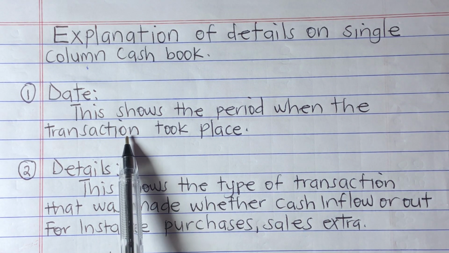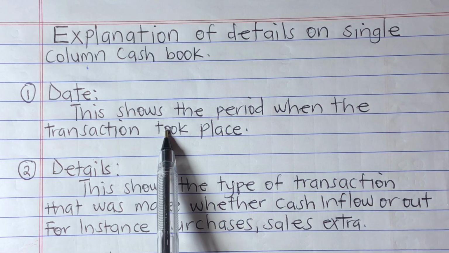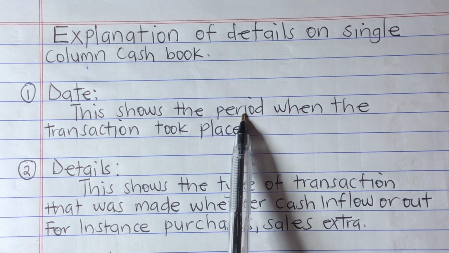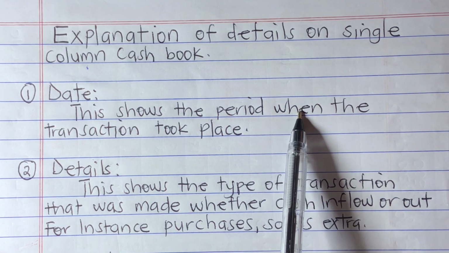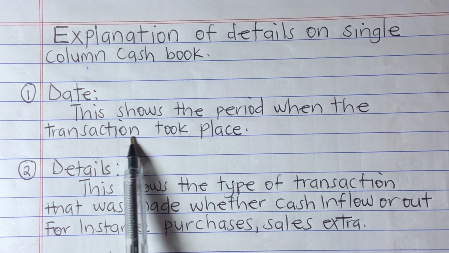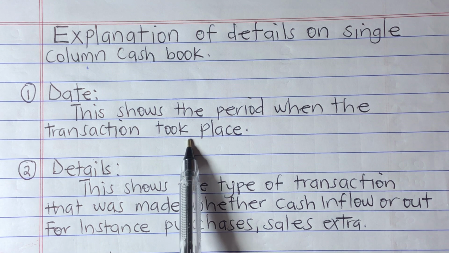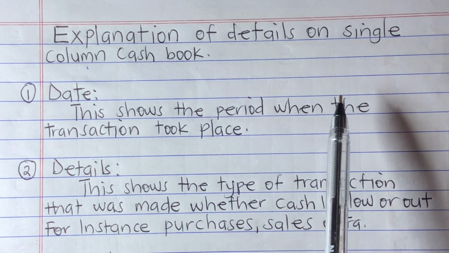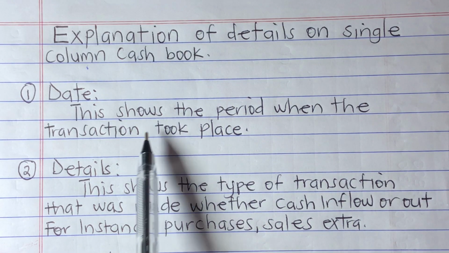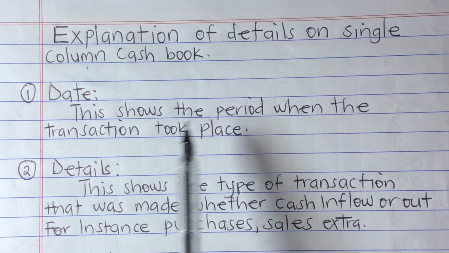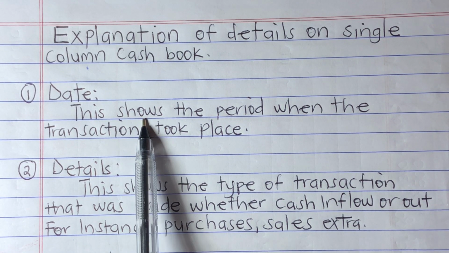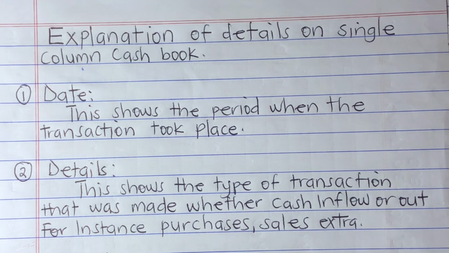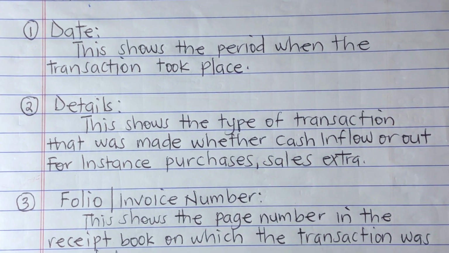Say we sold goods for cash on January 25th, 2026; on the date side you write that date, meaning it is when the transaction took place. It applies on both the debit and the credit side. So the date records the day, the month, and the year when the transaction took place.